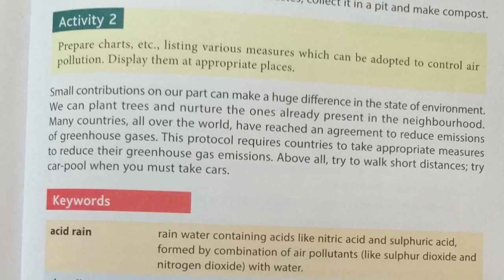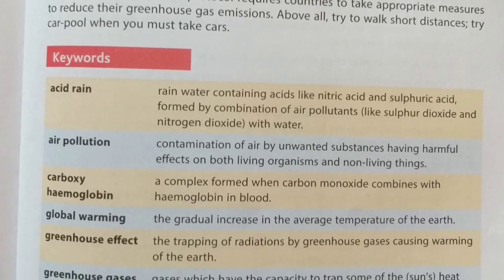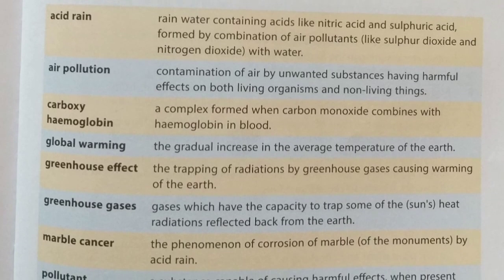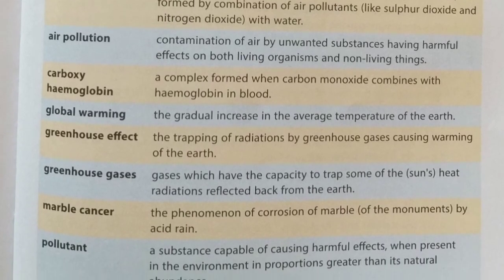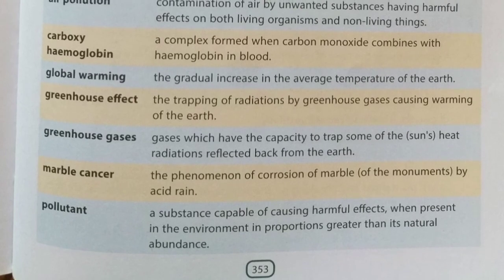Now, very important keywords are given on the last page of this book, like acid rain, air pollution, carboxyhemoglobin, global warming, greenhouse effect, greenhouse gases, marble cancer, pollutant, pollution, smoke. So these are the important definitions that you must all remember.